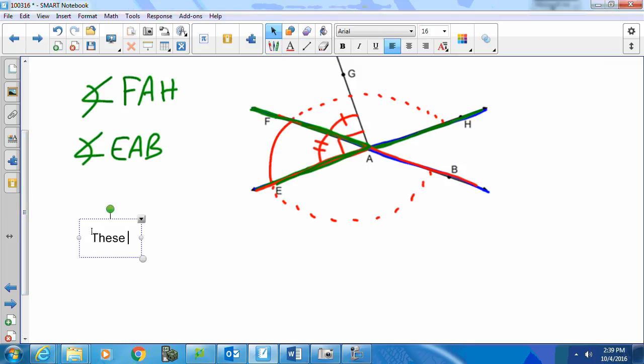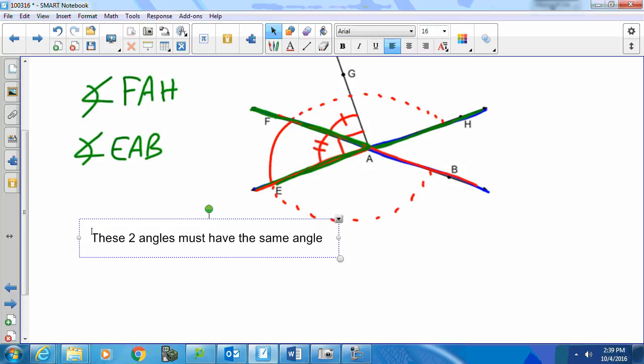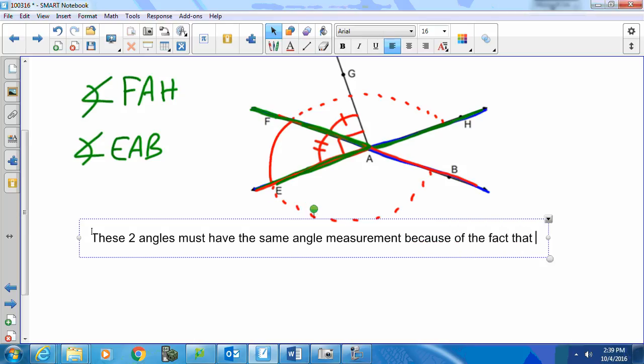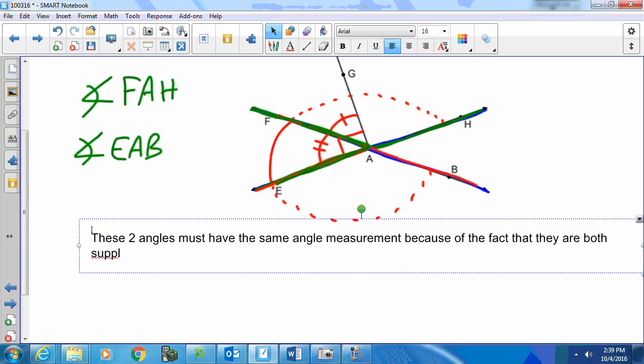So these two angles must have the same angle measurement because of the fact that they are both supplementary to the same angle.